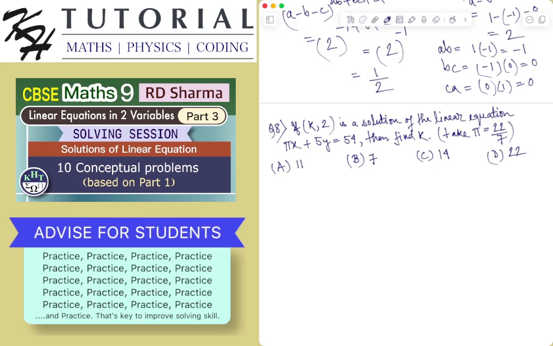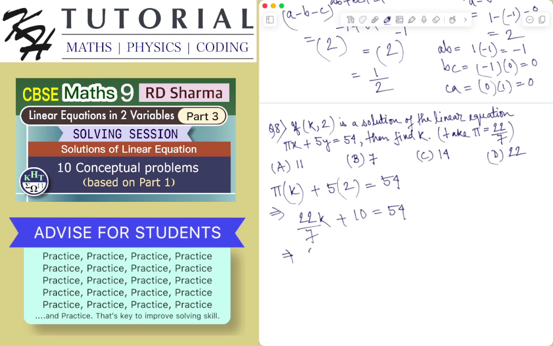That means the ordered pair k comma 2 must satisfy the given linear equation. So we must have pi k plus 5 multiplied by 2 is equal to 54. Now it is given that we have to take the value of pi as 22 by 7. So 22 by 7 multiplied by k plus 10 is equal to 54.